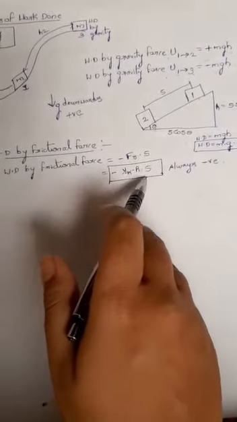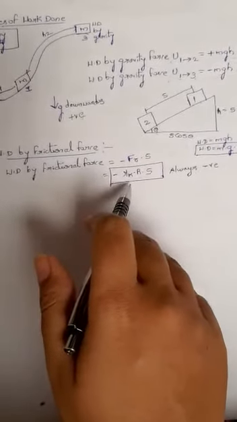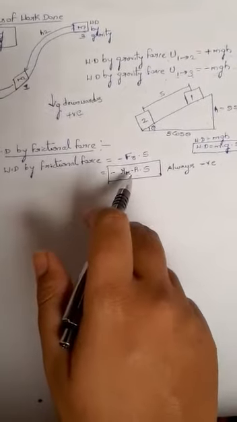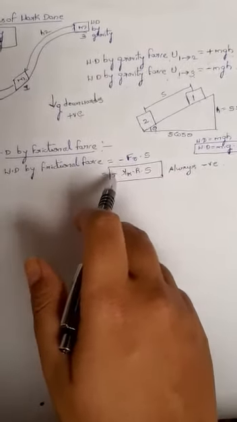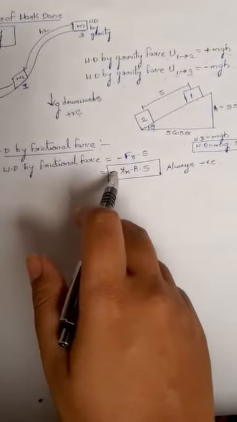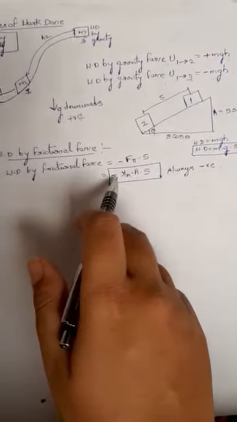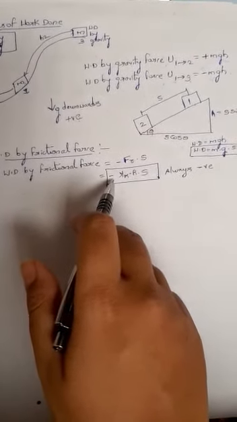So always remember the formula to find the work done by frictional force: minus mu k into R into s. It may be mu s also if it is in static position. By default this work done is always negative, because frictional force is always a resistive force which is applied in the opposite direction of motion.